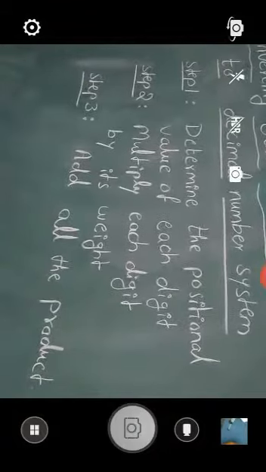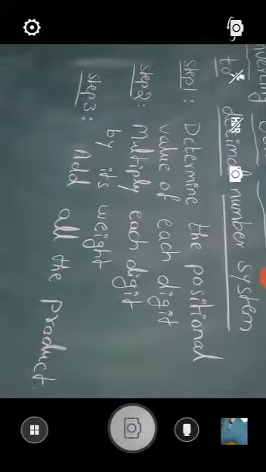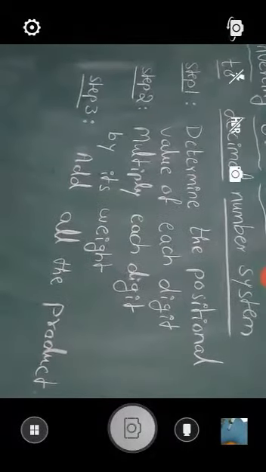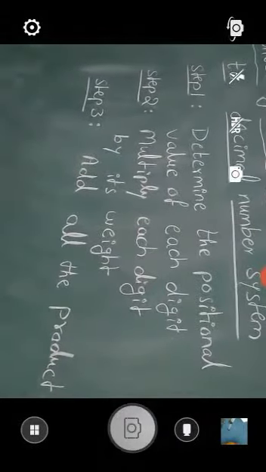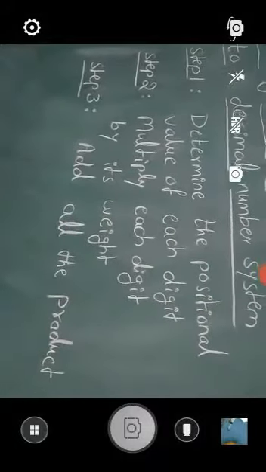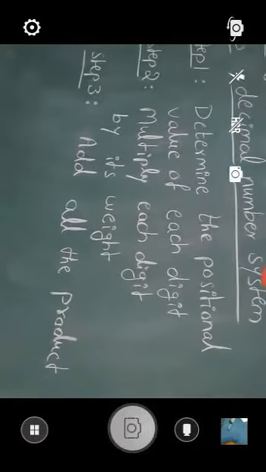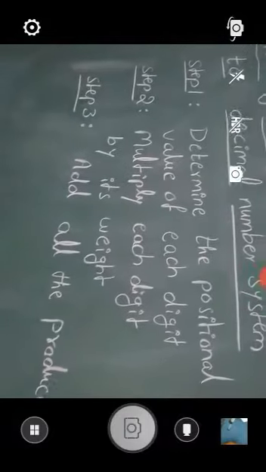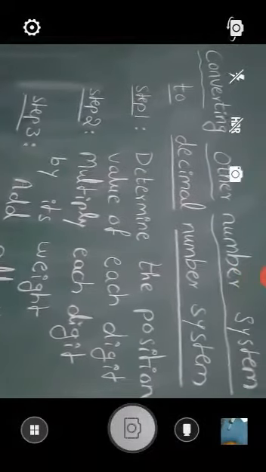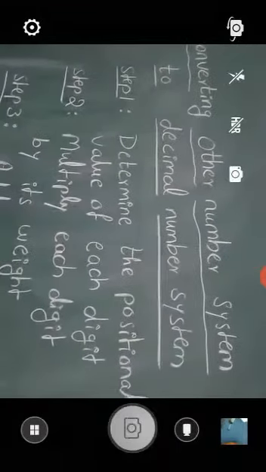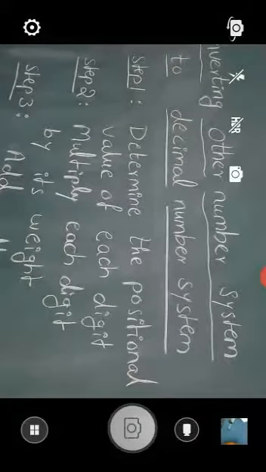Third step tells us to add all the products. So students, you have to remember these steps when you are converting from other number systems to decimal. This is the very important part.